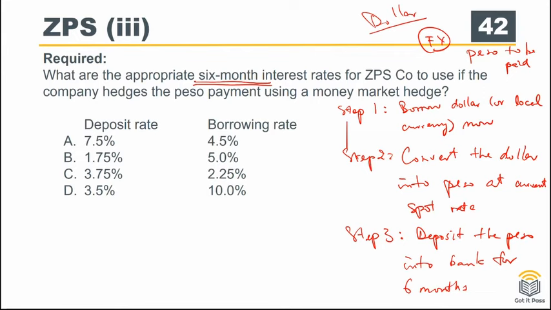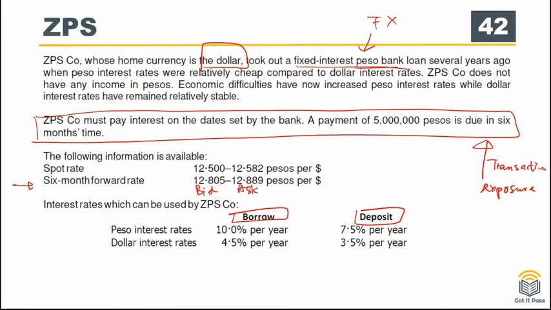All right, so here are the steps. You have the borrowing rate in local currency, the dollar, now, and you convert the dollar into peso at the current spot rate and deposit it in the bank as a peso deposit. And remember, it's 6 months' time, so check the background information: they are per-year numbers.